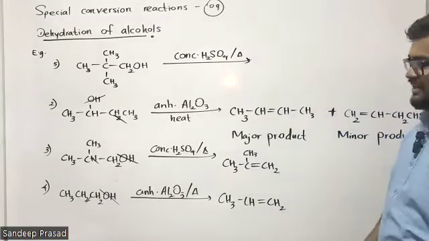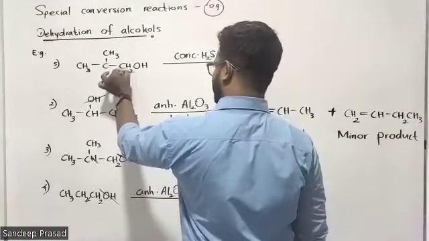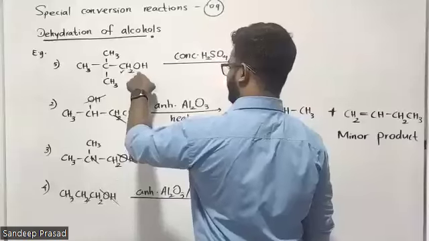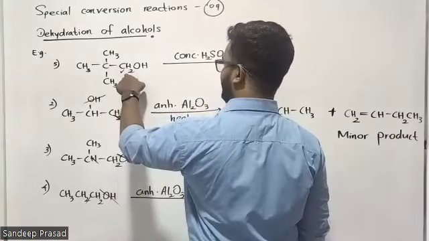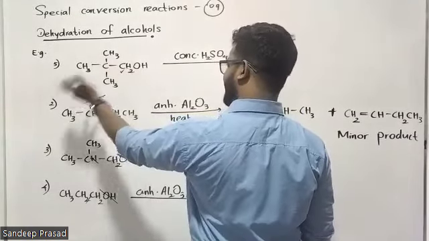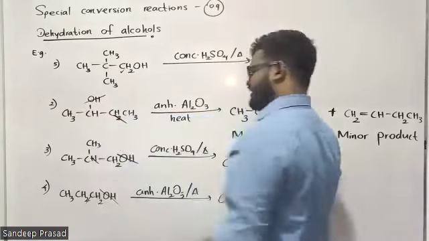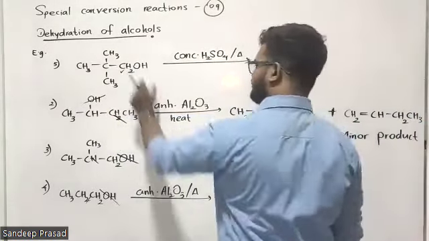No reaction. Yes, correct. There is no reaction. Why? Because, students, this is the carbon atom connected to the OH group. Then you have to go for the neighboring carbon atom. This is the only neighboring carbon atom, and that carbon doesn't contain any hydrogens. Therefore, there cannot be any dehydrating reaction in this compound.